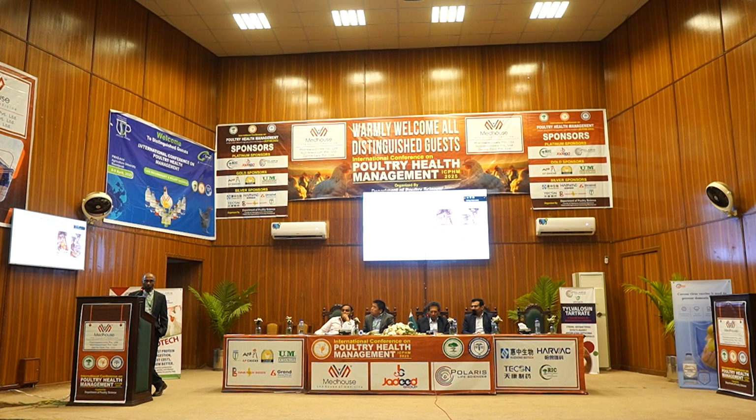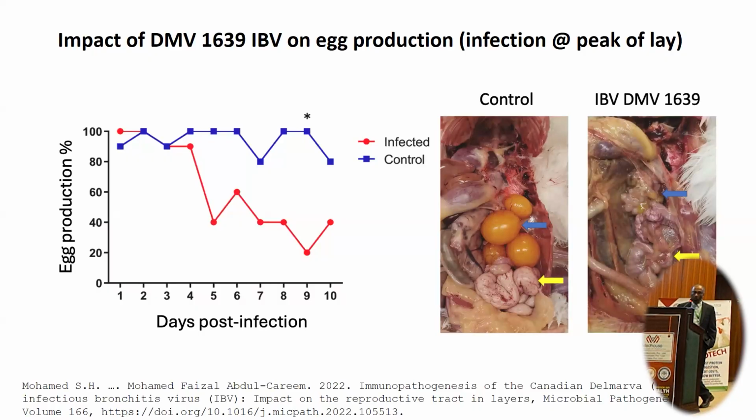When you open up those birds, you can see that the ovary is regressed and the oviduct is atrophied. On your left, what you are seeing is a control with a nice ovary, with a lot of developing follicles and a well-developed oviduct.